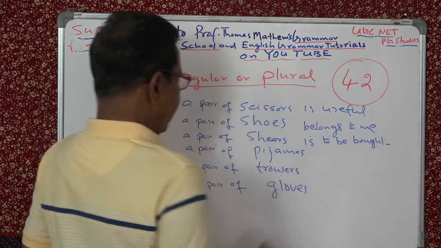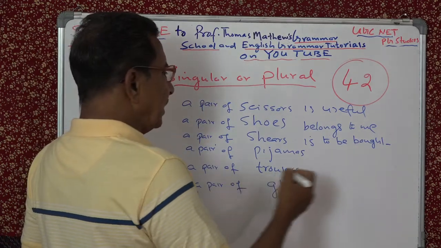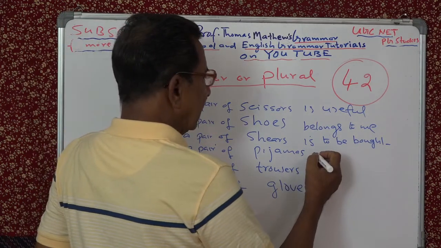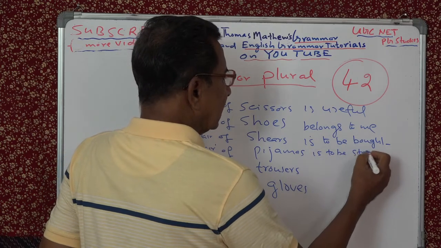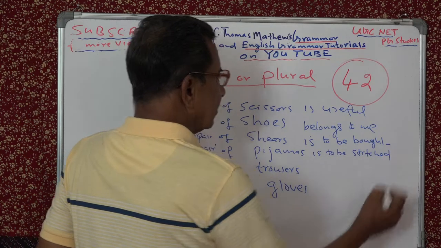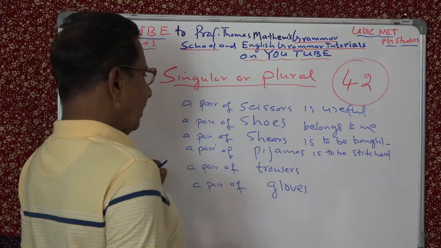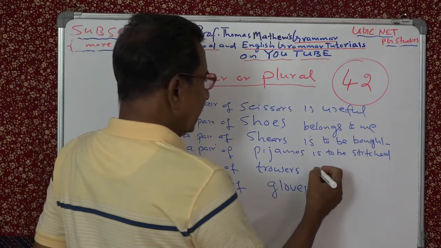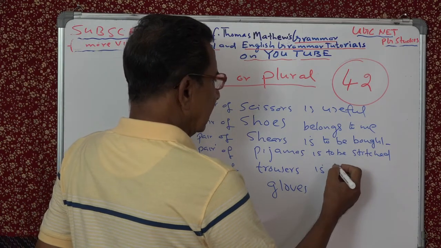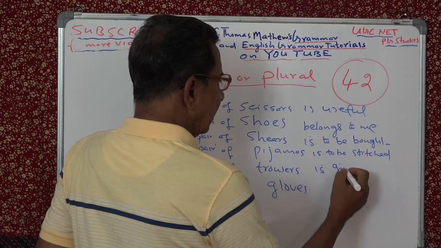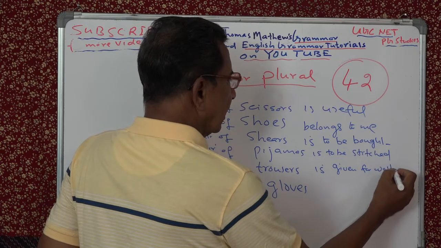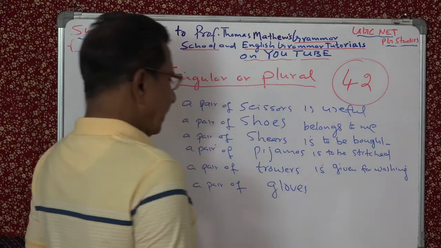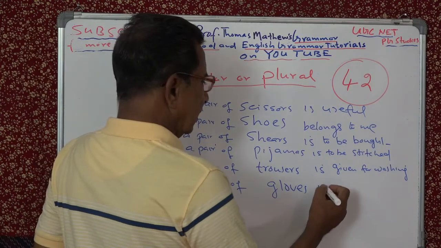Past tense of buy. A pair of pajamas is to be stitched or washed. A pair of trousers is given for washing. Understand?